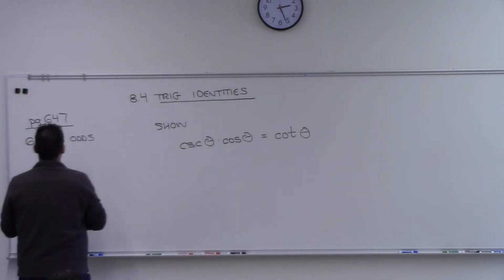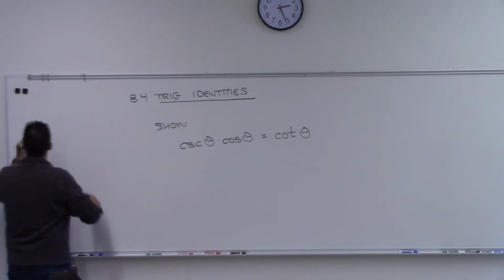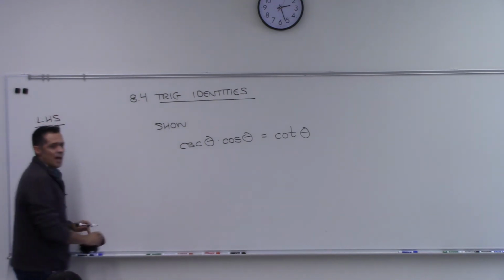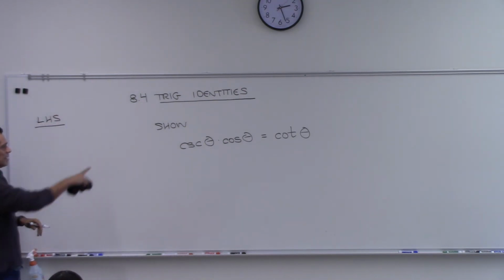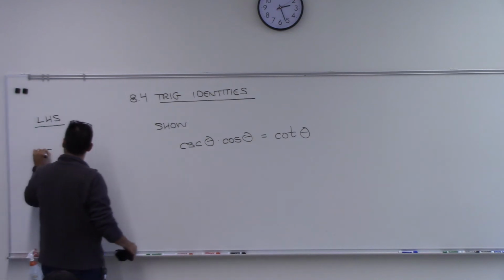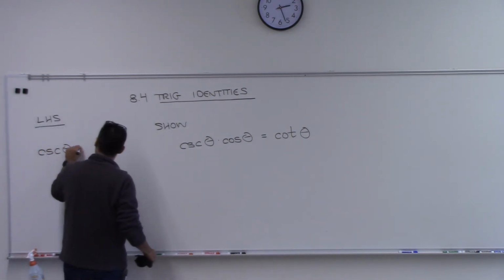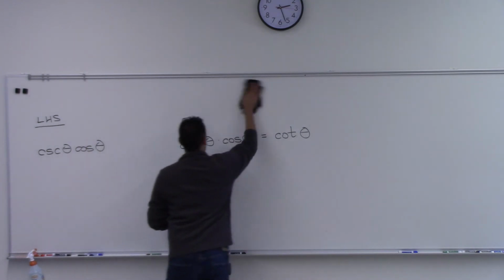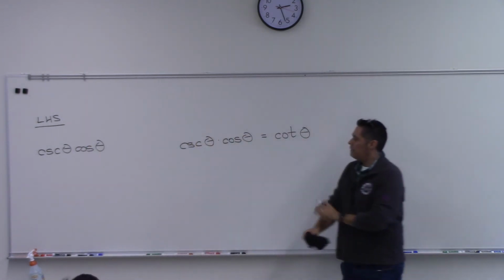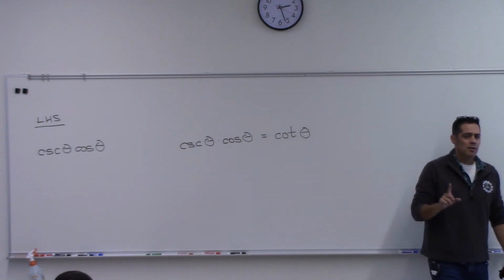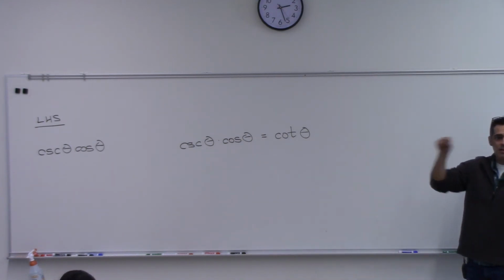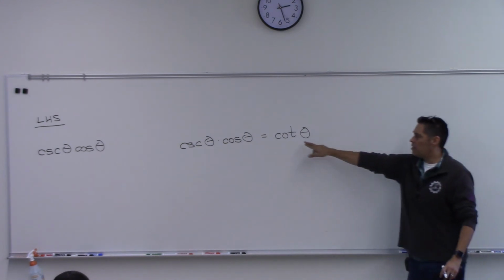I'm going to write down LHS, left-hand side: cosecant theta cosine theta. That's all I'm going to write down. What I need to do is manipulate that and convince you that it's equal to cotangent theta.